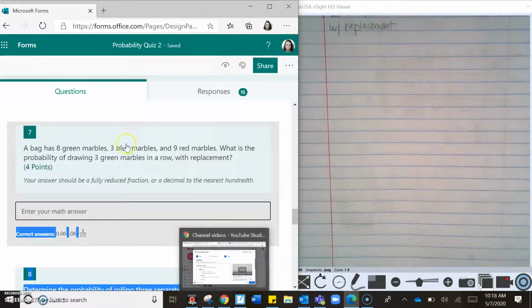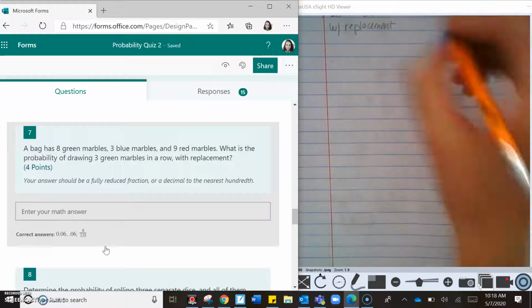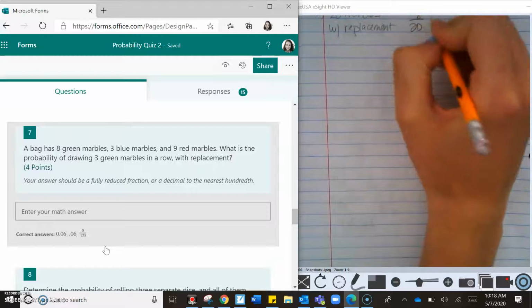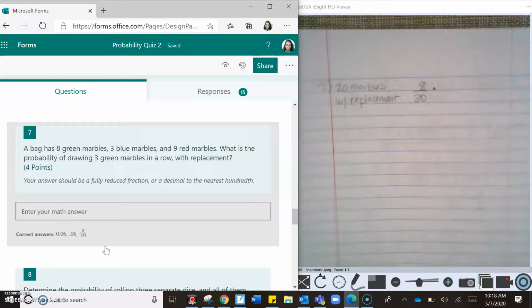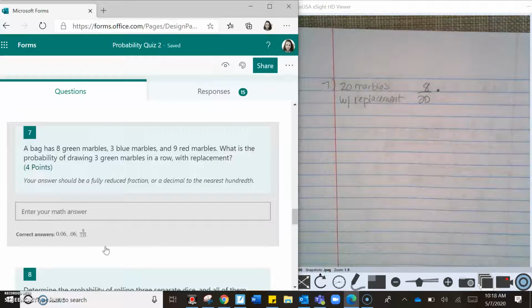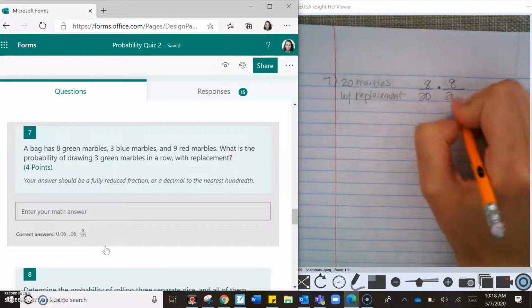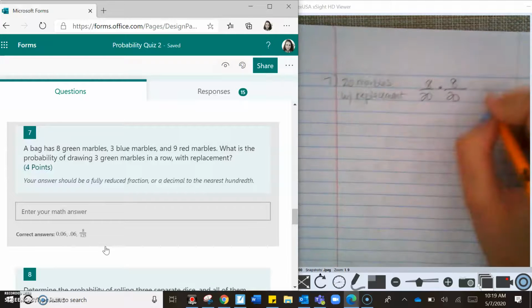What is the probability of drawing 3 green? So I'm going to stick my hand in the bag. I have 8 out of 20 marbles to choose from. I look at that really shiny green marble, and then I put it back in. So if I put it back in, I still have 8 green marbles, and I still have 20 total marbles in my bag. Well, I pick another green marble. I look at it, I drop it back in the bag.